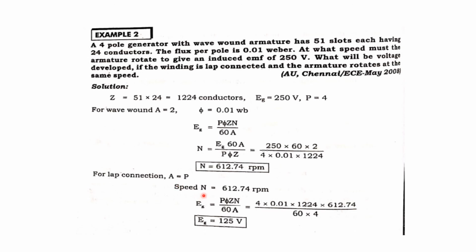And the speed value we take from the wave wound case, which is 612.74 RPM. The same speed we apply to the lap connected DC generator. If you apply all the parameters, which are already given in the problem, we get 125 volts.